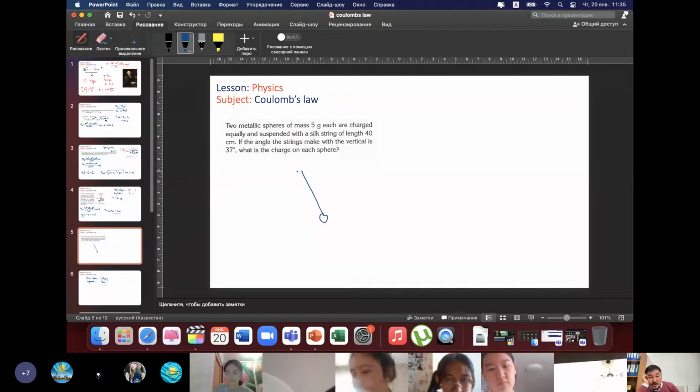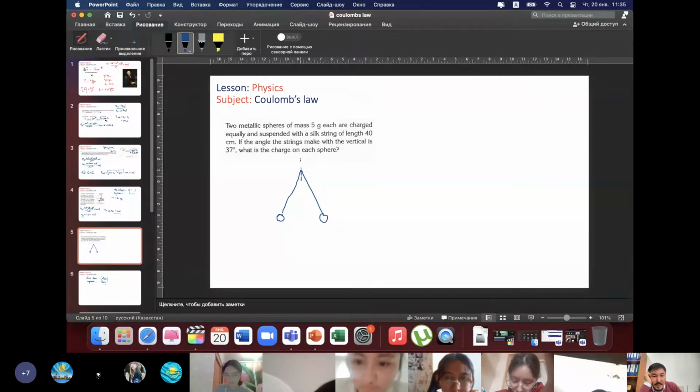We have two spheres here. They are suspended with the strings here. And the angle that they make with the vertical is 37 degrees. This one is 37. And the mass of each is 5 grams.